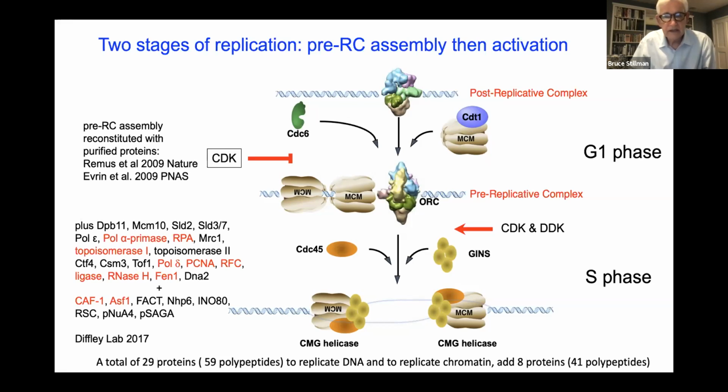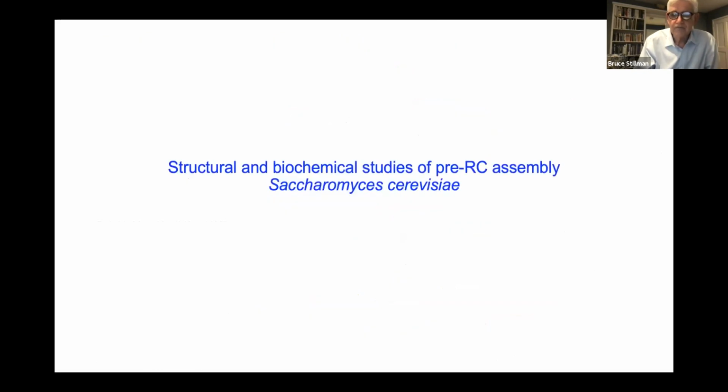Nonetheless, all of these proteins were known, and John's lab was the first to put all of these together to show that they are necessary and sufficient for the complete replication of a DNA, and in fact, from origins of replication. So I'll have more to say about the initiation of replication.